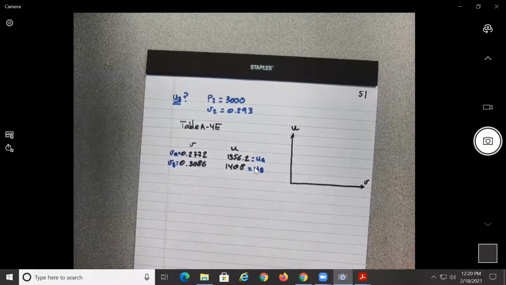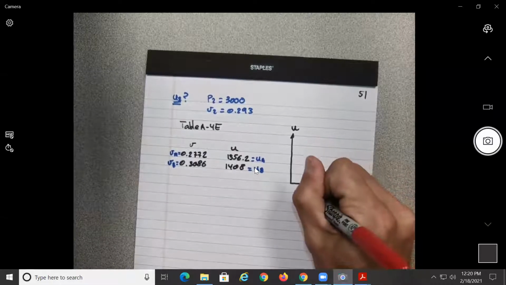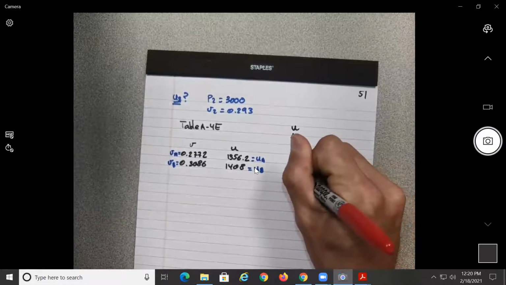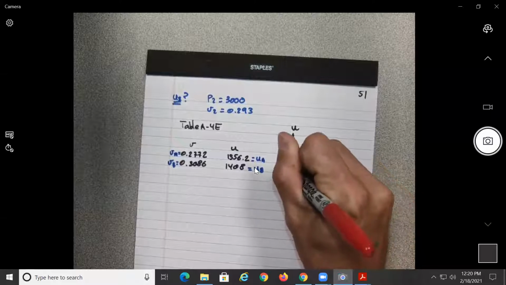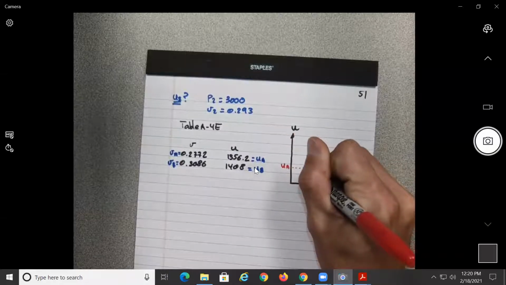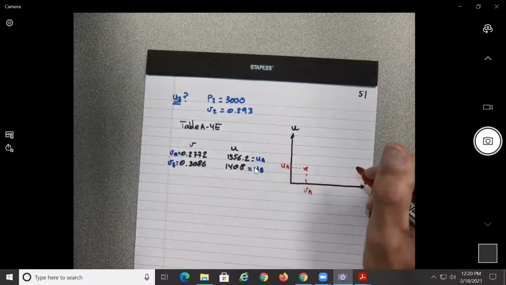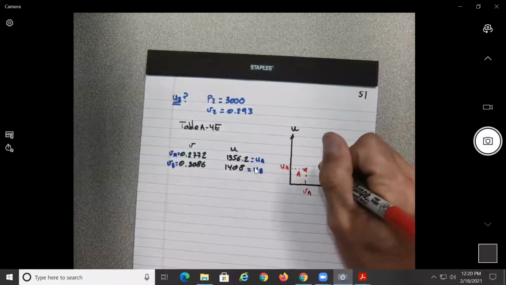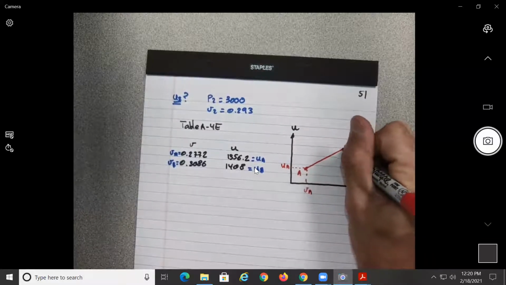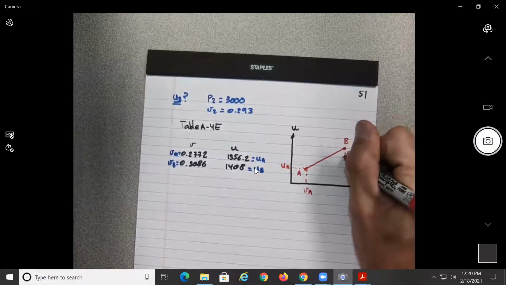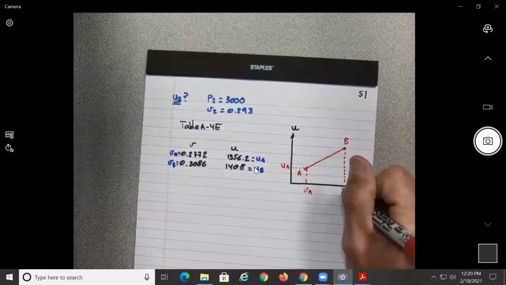At V equal 0.2772, so at VA here, and U sub A, we are at this point A, and we go to point B here, following a linear line.